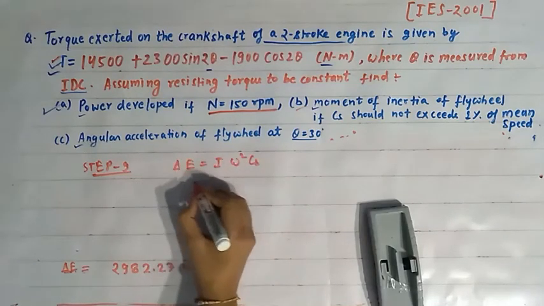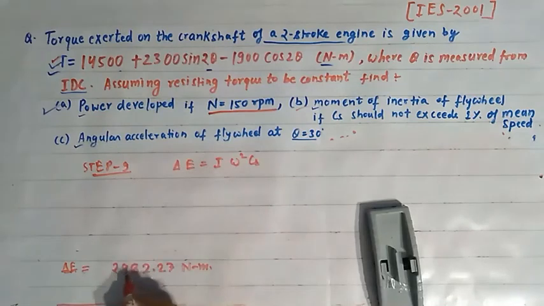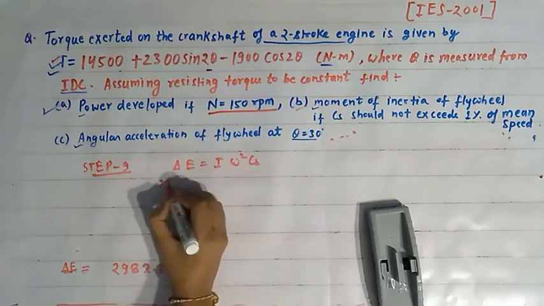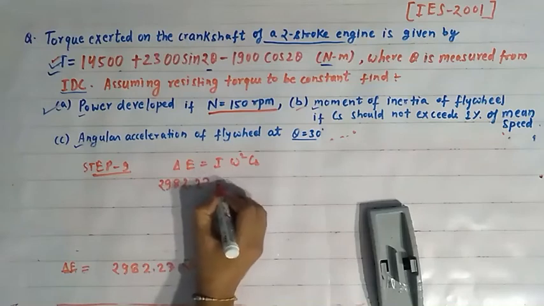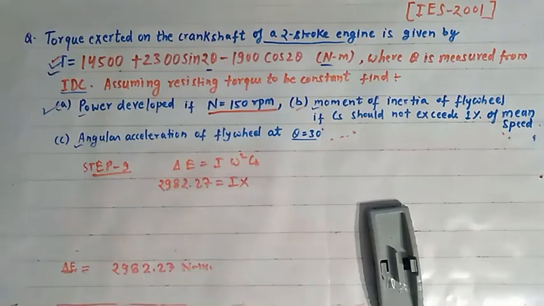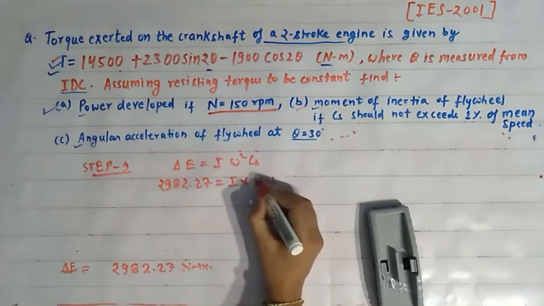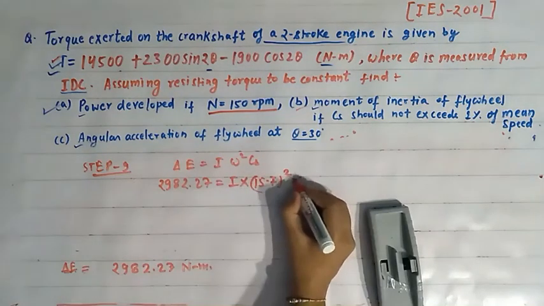So using this formula, putting delta E from here, it is equal to 2982.27, I, and omega we have already calculated in the previous step, which came out to be 15.7 whole square, into Cs.